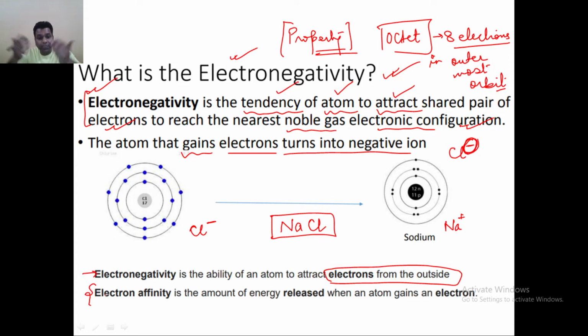So more electronegativity means more electron affinity, and more release of energy. Roughly, if an atom is more electronegative, its electron affinity will be more, meaning more energy will be released whenever it absorbs an electron. So this is the very basic of electronegativity. I have discussed the definitions and electron affinity.